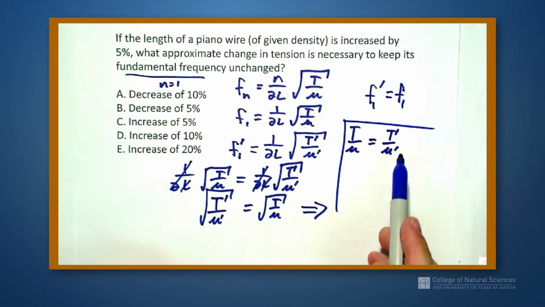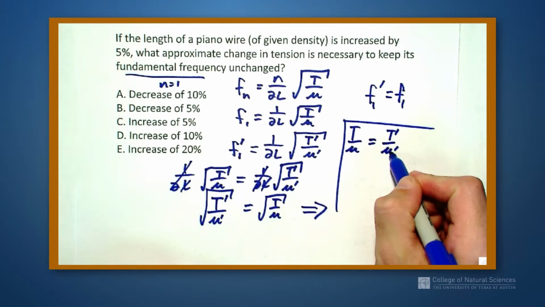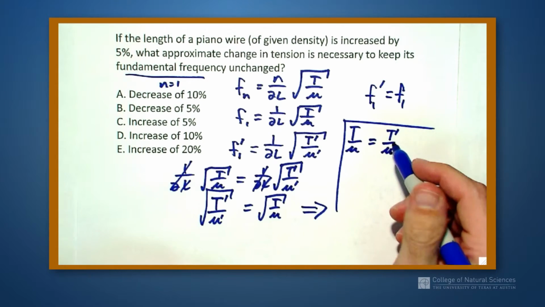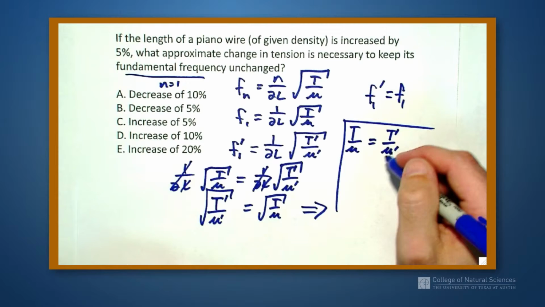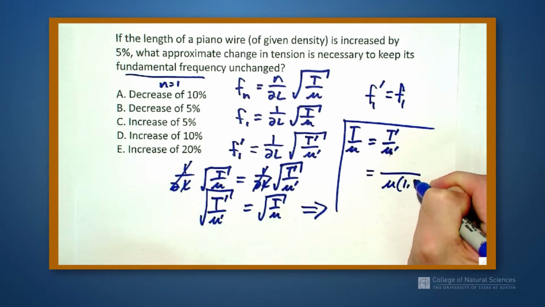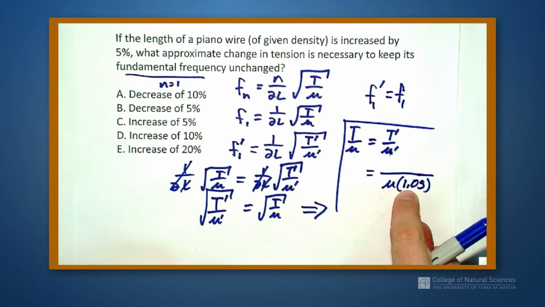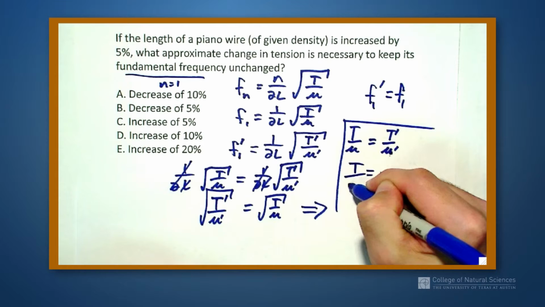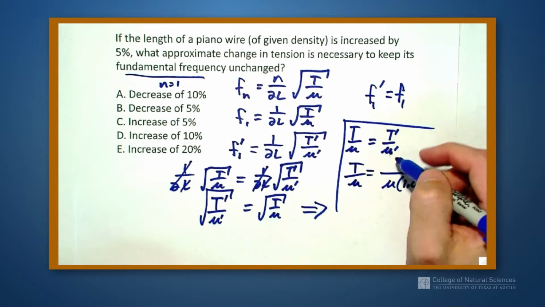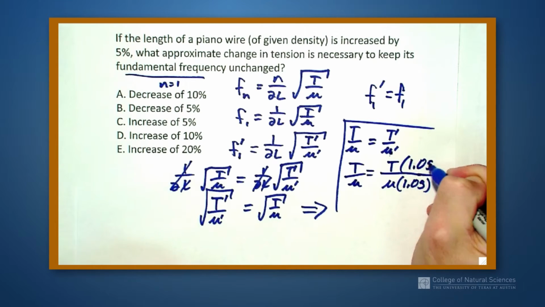So if I increase mu by 5%, which is the same as saying original mu times 1.05, right? I increased it by 5%. To get T over mu, I need to have T increase by the same 1.05.